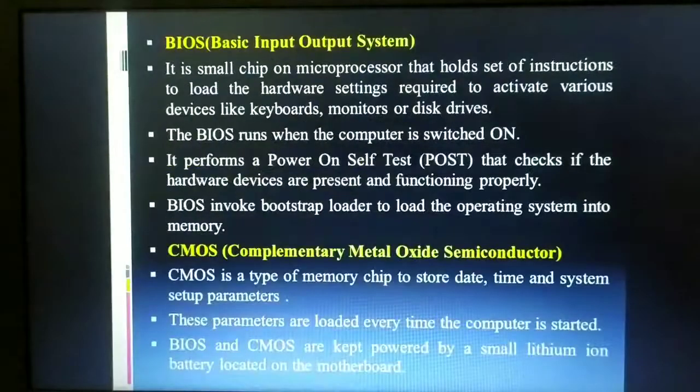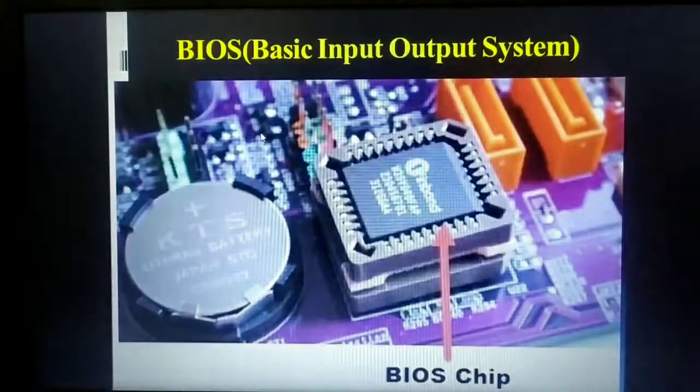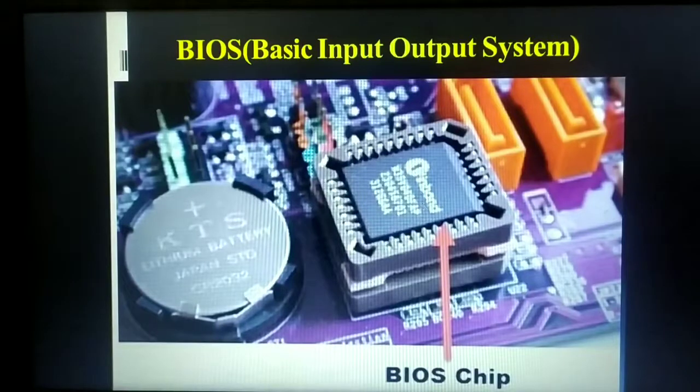Moving on to the next topic, that is the basic input output system. Now this BIOS, basic input output system, is also a kind of chip located on the motherboard that contains the instructions and setup for how the system should boot and how it should operate.